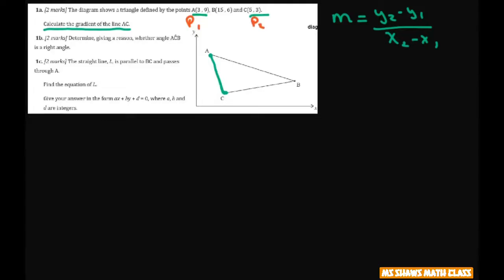So we'll let the C go first. So that's going to be 3 minus 9 divided by 5 minus 3. So that's going to equal negative 6 divided by 2, which equals negative 3.